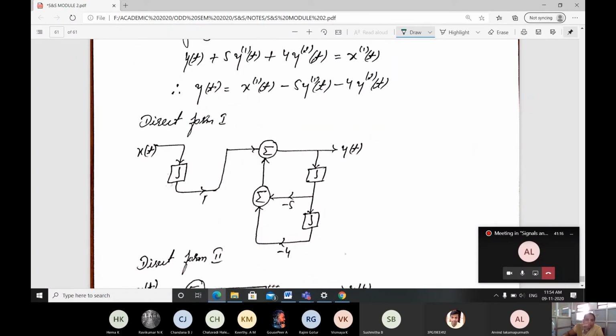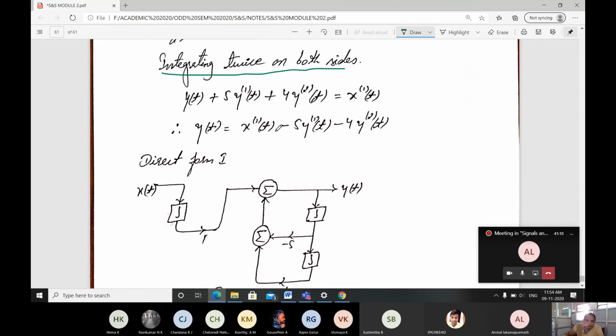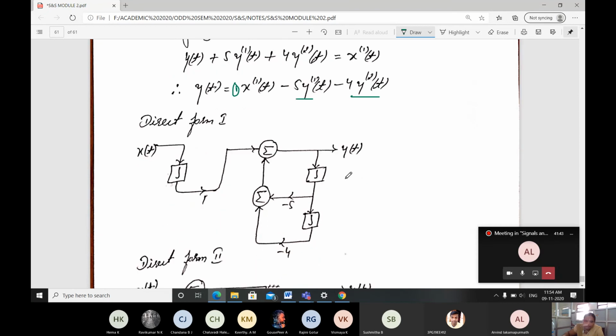Okay, then what is our direct form 1? Here it will be b, here only once it is integrated, means only one time integration, x of t integrated one time. What is the coefficient value? Here it is 1, so 1 you have to write, take the summation, then y of t is integrated 2 times, 1 and 2, right?